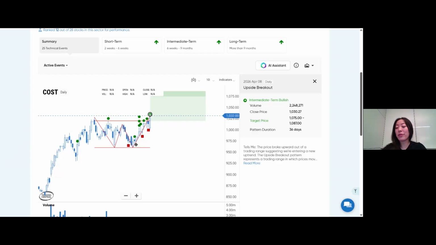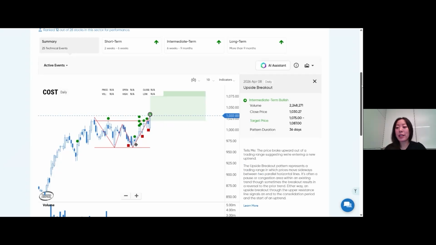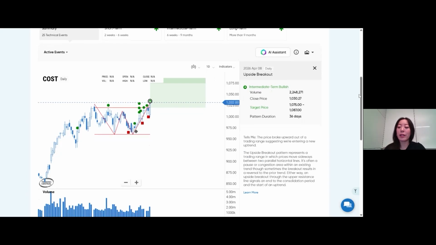It is a bullish event. It's called an upside breakout. What exactly is an upside breakout? It does break down for me when I expand on the Tell Me More, and it gives you a nice little explanation as well as some data points for the price of Costco to help support this particular bullish technical event.